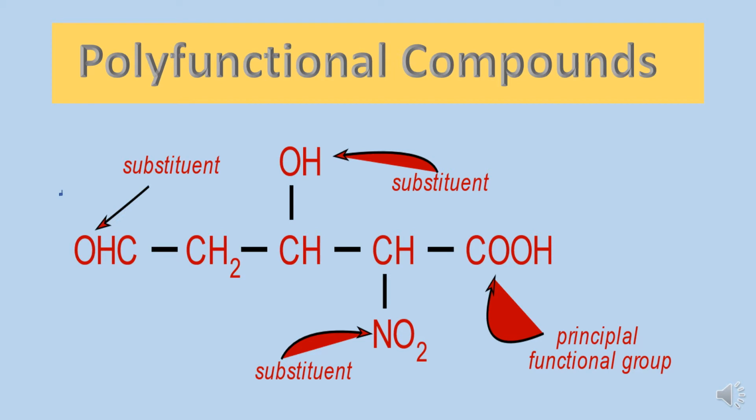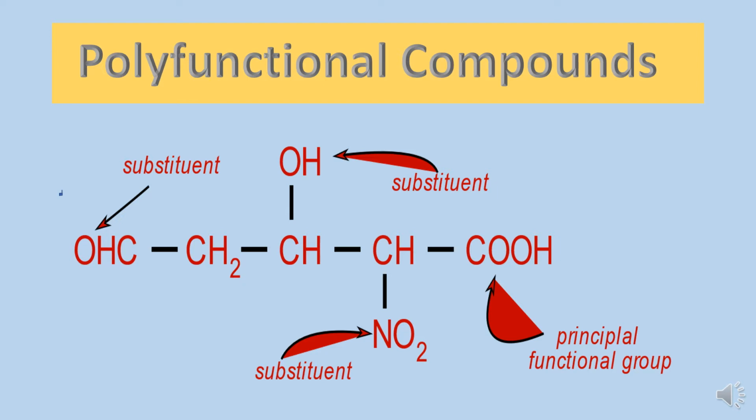Let us see this compound having functional groups CHO, OH, NO2 and COOH. So according to the priority order, carboxylic acid group will be the principal functional group and other groups will be considered as substituents.